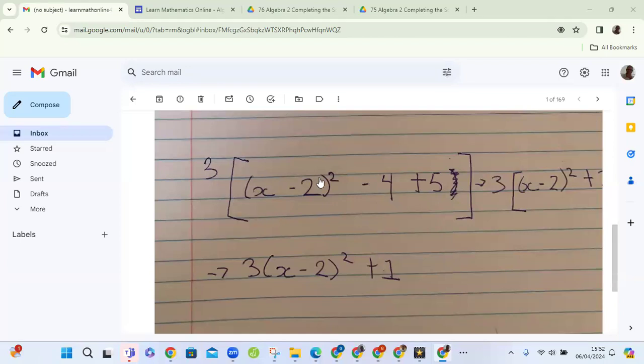So that 3 you now have to multiply to the result. Minus 4 plus 5 is 1, which is still inside the square bracket, and we have to multiply 3 by 1. So this is supposed to be 3.